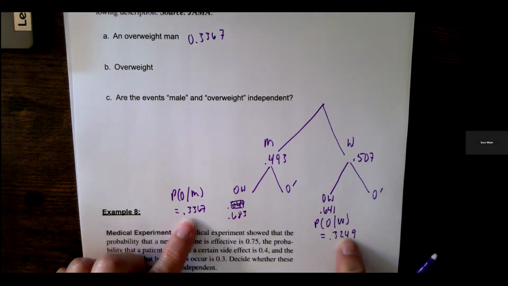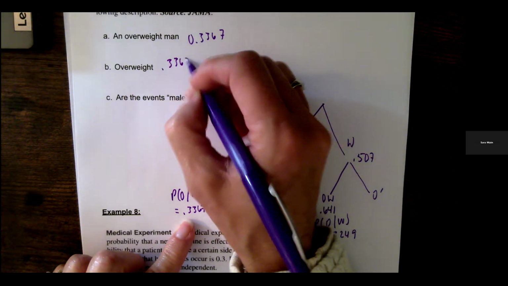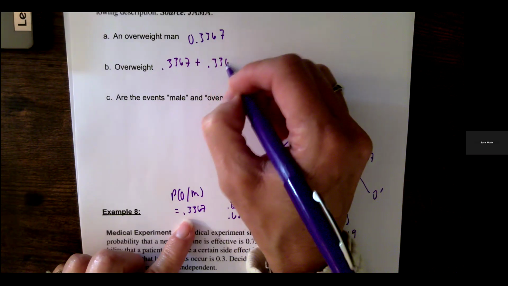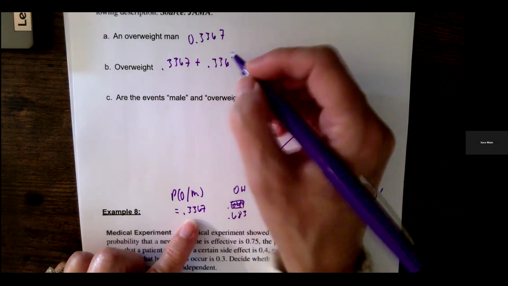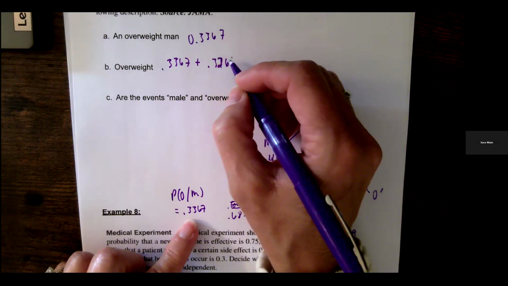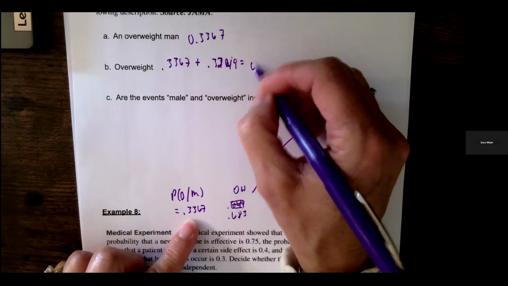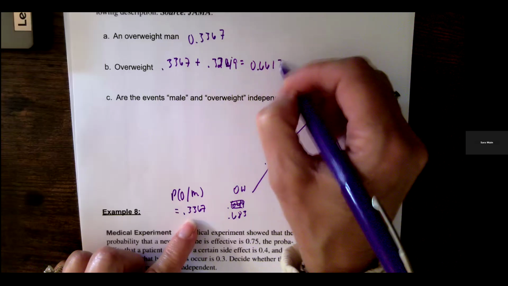So when we add these together, this is 0.3367 plus 0.3249. We get 0.6617.